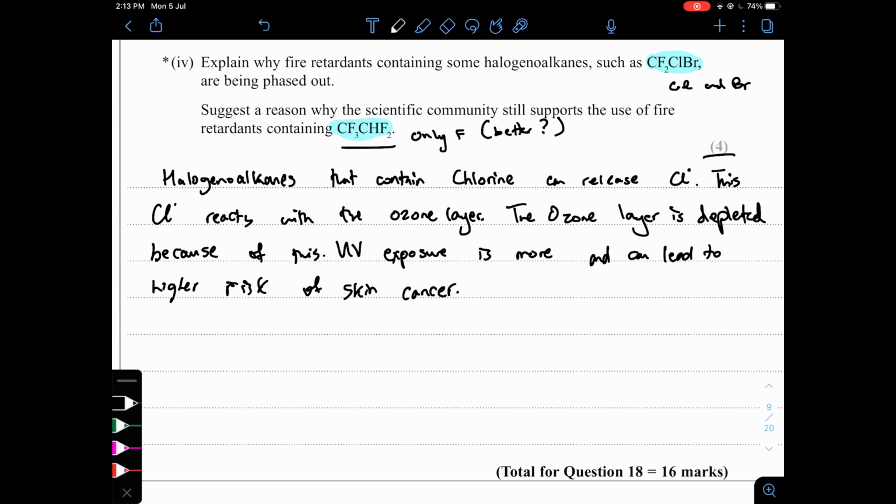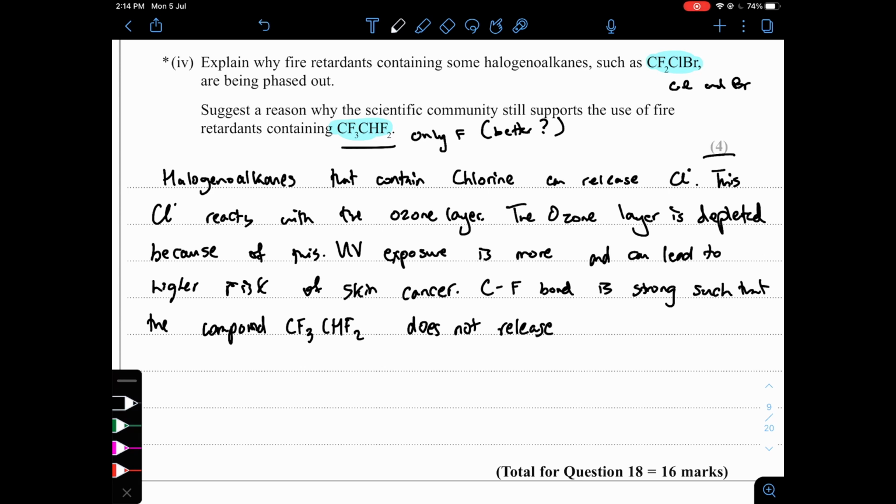Because we can say that the CF bond, so previously remember that CF bond, is strong such that the compound CF3CHF2 does not release F radicals, free radicals.